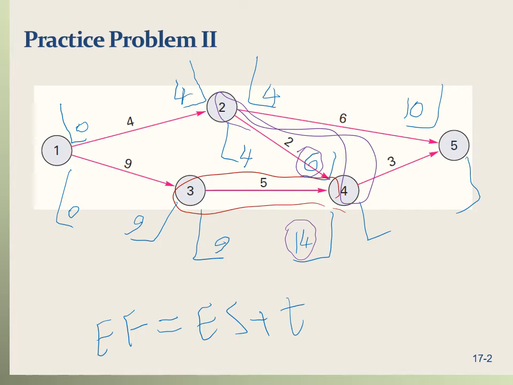So the earliest start point for activity 4 to 5 is the maximum of the early finishes, 14 and 6, which is 14. So the earliest start of activity 4 to 5 is 14, and the early finish would be 14 plus 3, so that's 17.